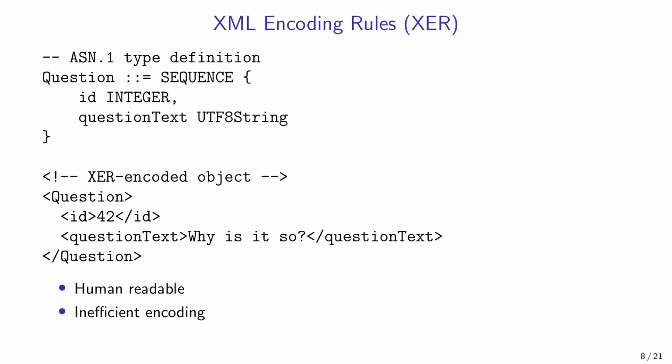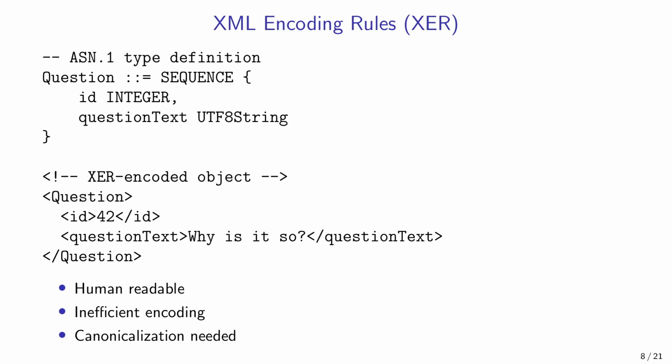The problem is that XML is not a very efficient encoding. We are spending quite a few bytes to transmit tag values. The longer our ASN.1 field names are, the more space the encoded structure will consume, which maybe is not that good. Another problem with XER is that if you want to compare XML data structures, we need to apply the process called canonicalization. Because in XML, there is no semantic difference in how many space characters, for example, we use here for indentation.